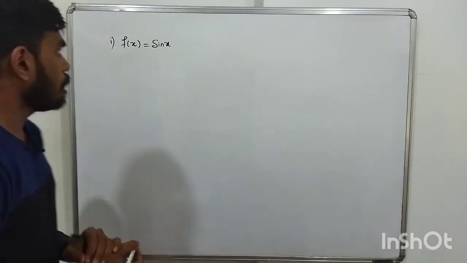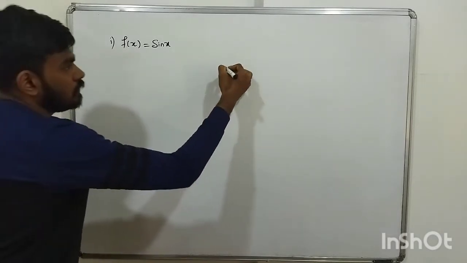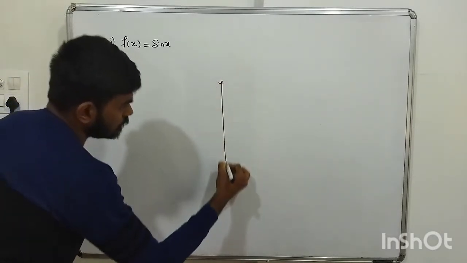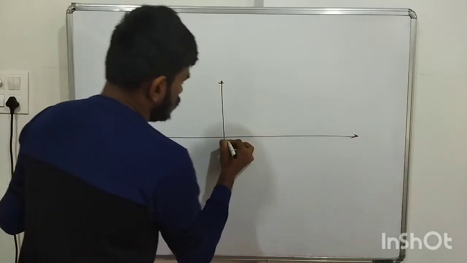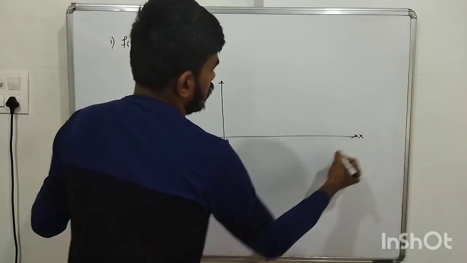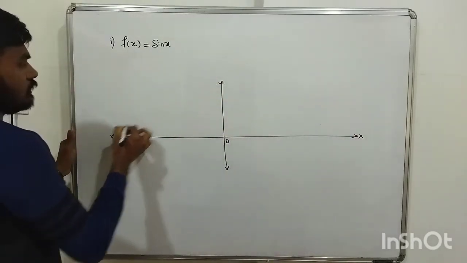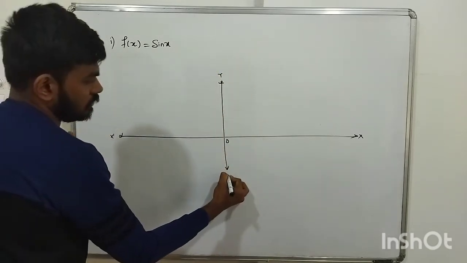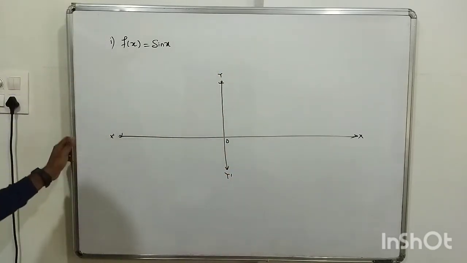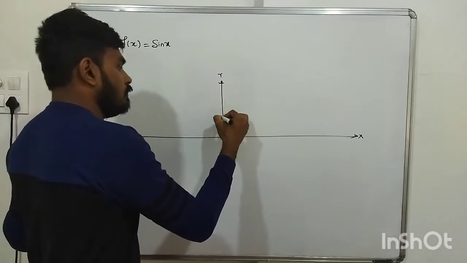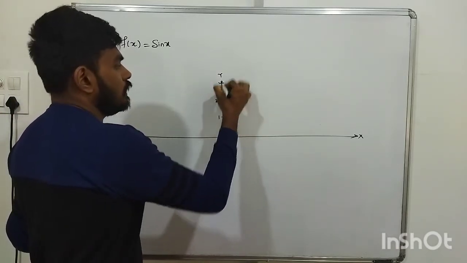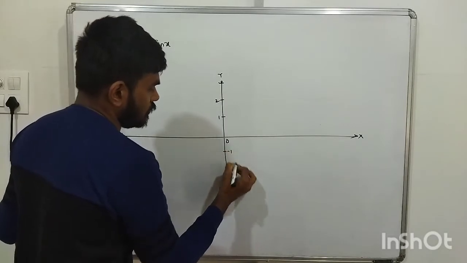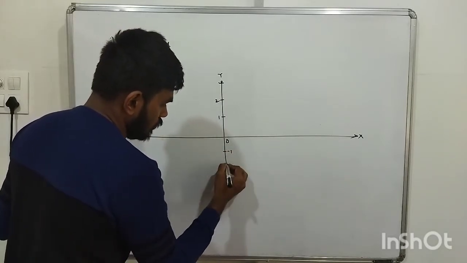Now we'll try to draw the graph of this. This is the origin, this is the x axis, x dash, this is y dash. Here 1, 2, 3 and so on. Here minus 1, minus 2, minus 3 and so on.